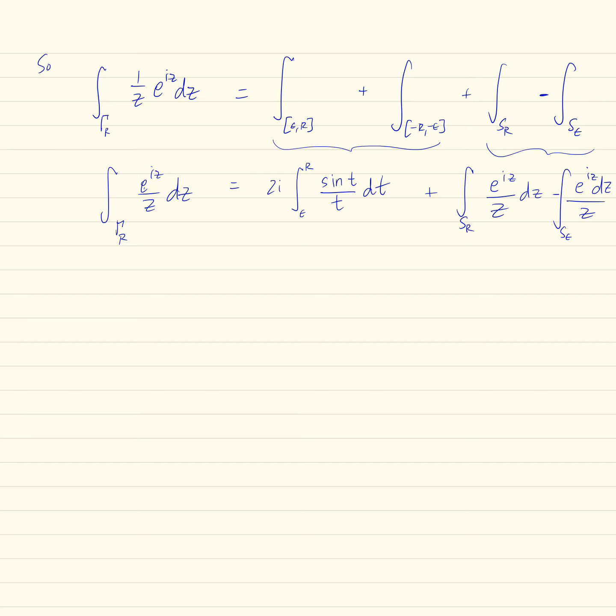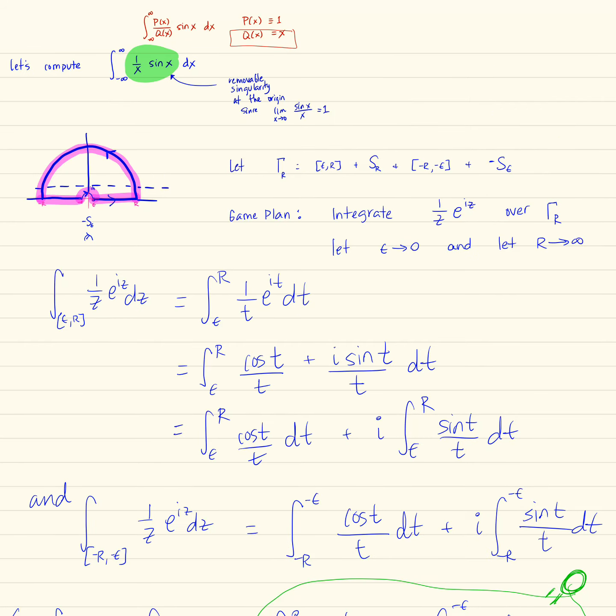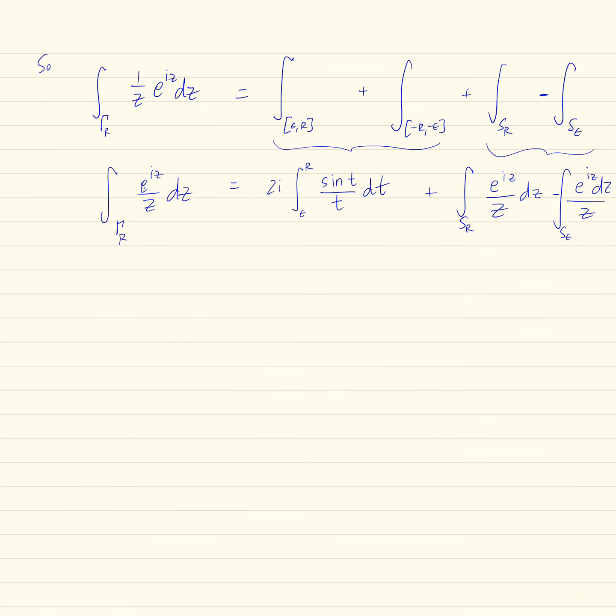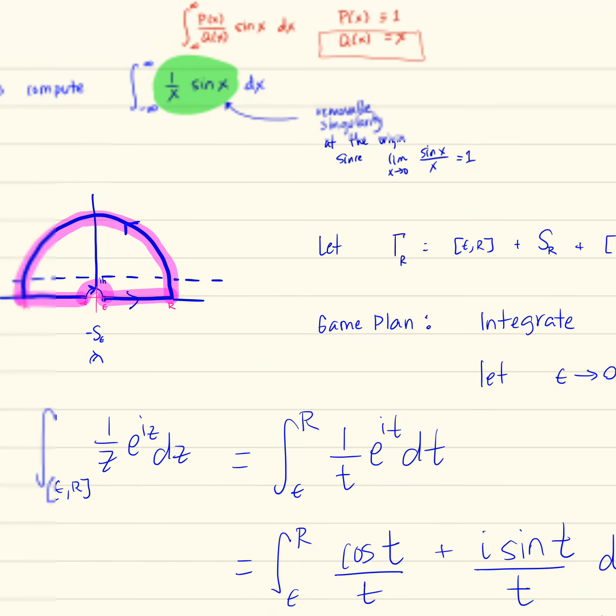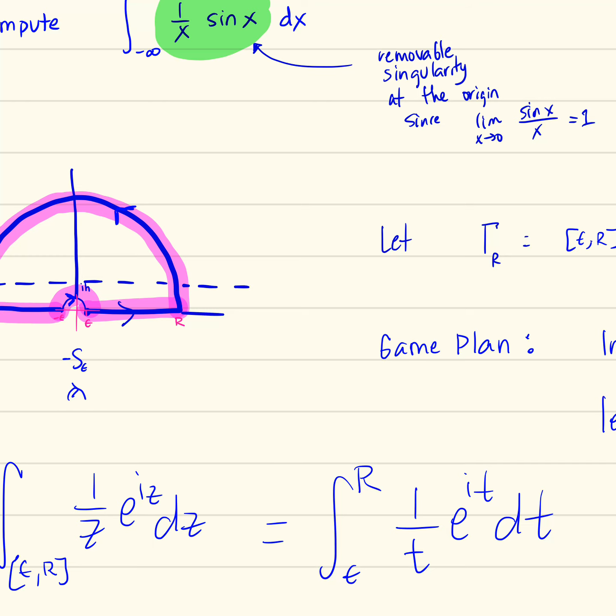But now, we can use the residue theorem, we can also use Cauchy's theorem to say that this integral here is going to be equal to 0. Why? Because of the way we cut our contour, we actually don't even have to worry about whether z equals 0 is removable or not.